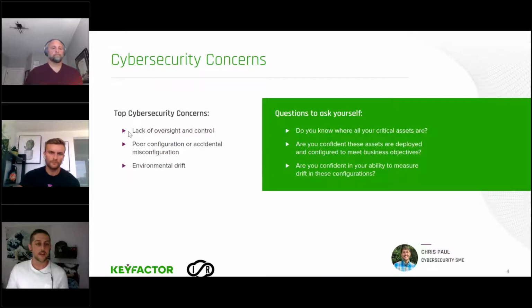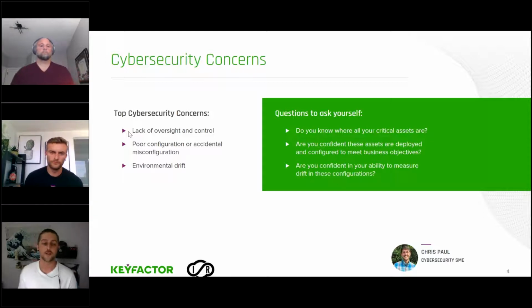Thank you very much. So, cybersecurity concerns: what are we seeing as the top 3 concerns? I'll skip to the second one, poor configuration. Accidental misconfiguration. I'm still finding credentials in scripts. There's still the simple stuff.